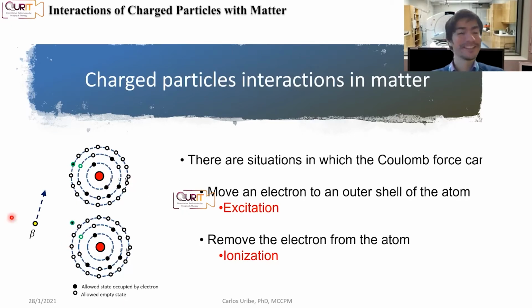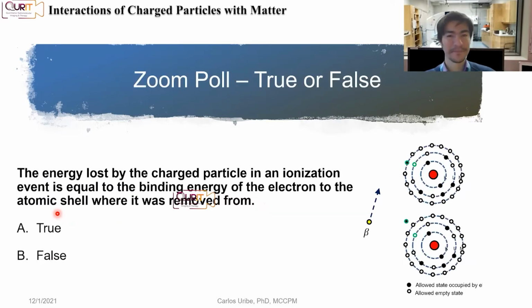In the second, this particle traveling in that medium ionized this atom, because now there's a charge that we lost. This atom is now positively charged. One of those negative charges left the atom. So those are the two big effects we see when charged particles interact with matter: excitation and ionization.